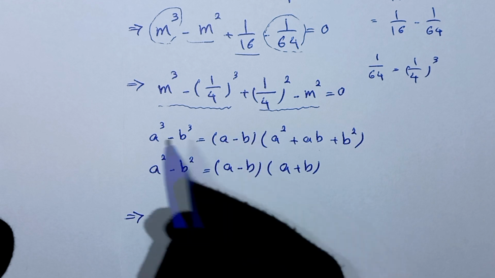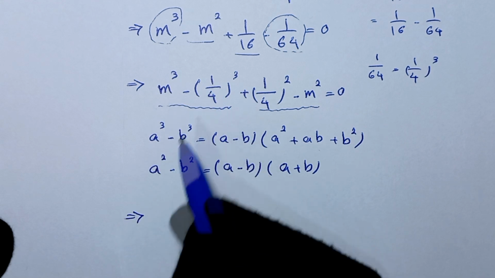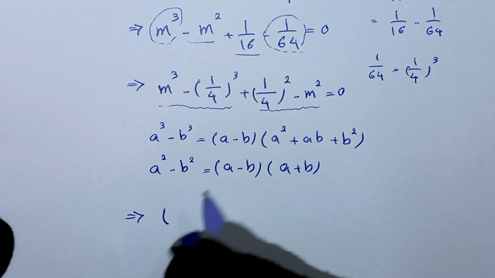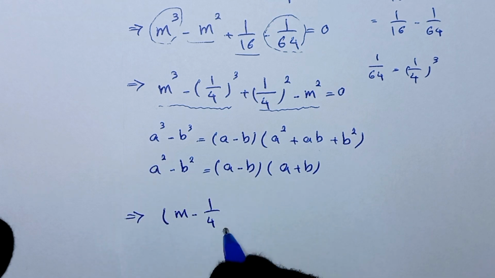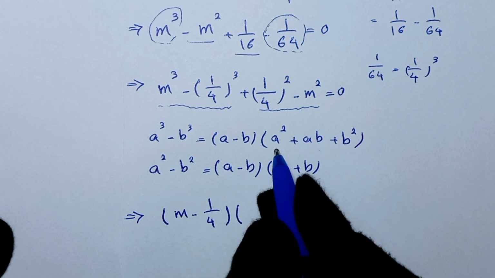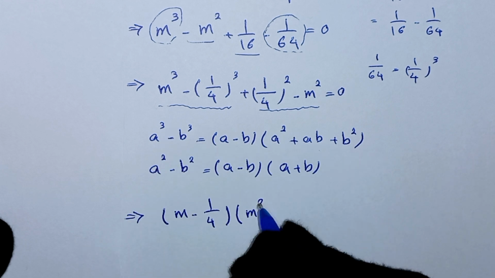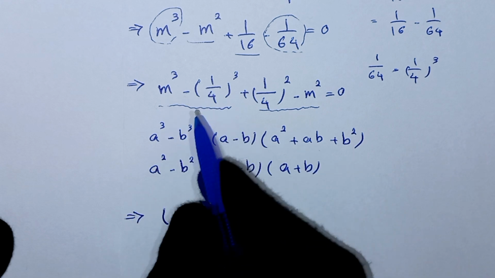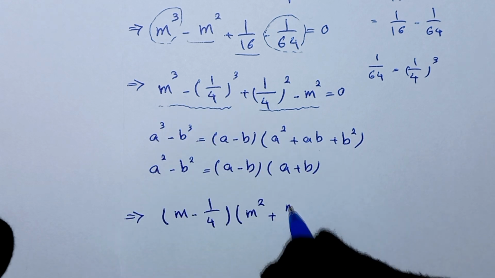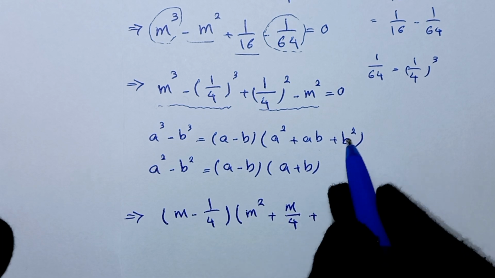So it will be a minus b. A here is m and b is 1 over 4. So we write a minus b as m minus 1 over 4, times a squared, which is m squared, plus ab, which is m times 1 over 4, and m times 1 over 4 is m over 4, right? And plus b squared.